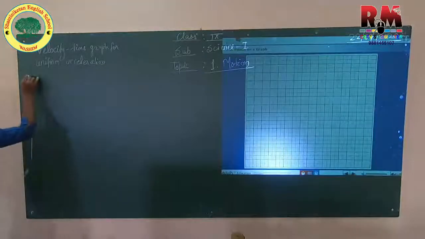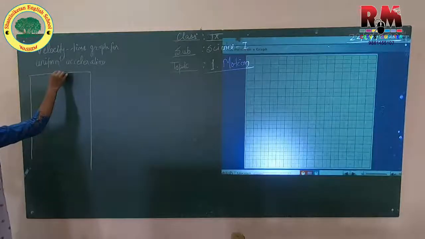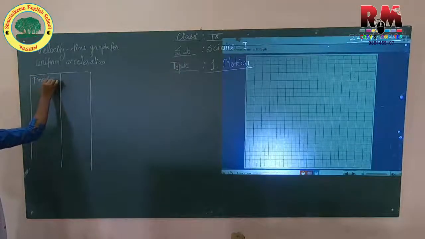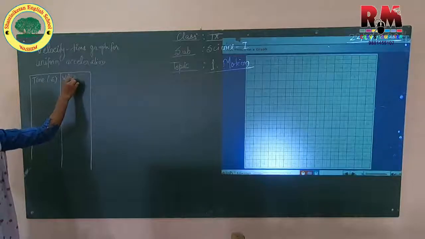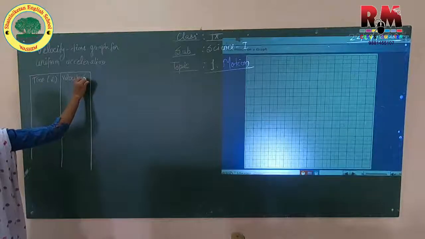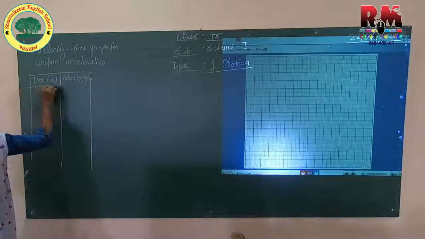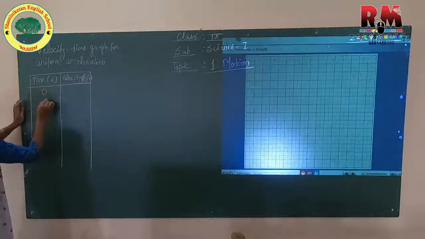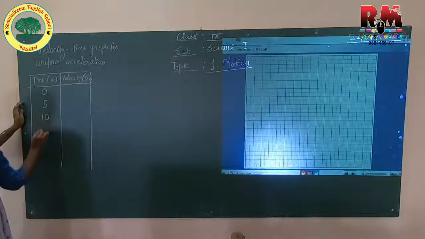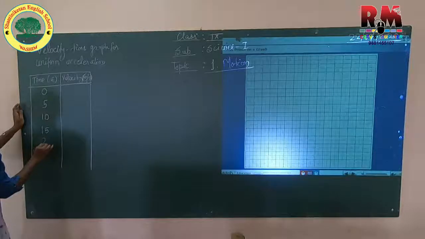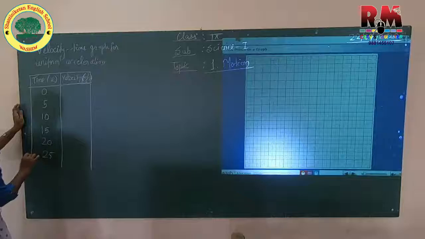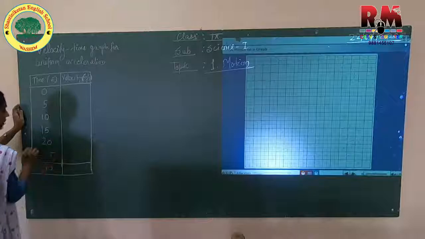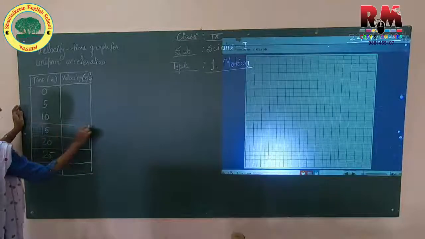Consider this table given to you of time in second and velocity in meter per second. Let us consider after each 5 seconds we have measured the velocity.